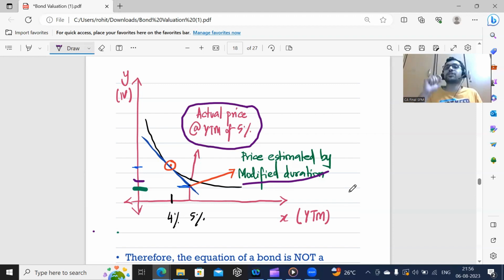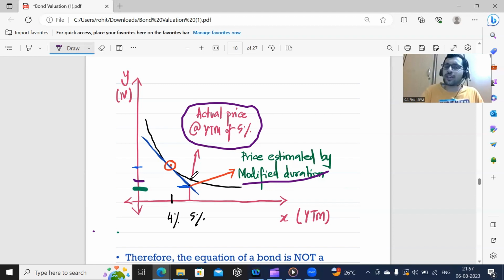The modified duration does not give you the accurate change. The modified duration is giving you an approximate change. The actual change is given by this curve, which is slightly higher than what modified duration is giving.